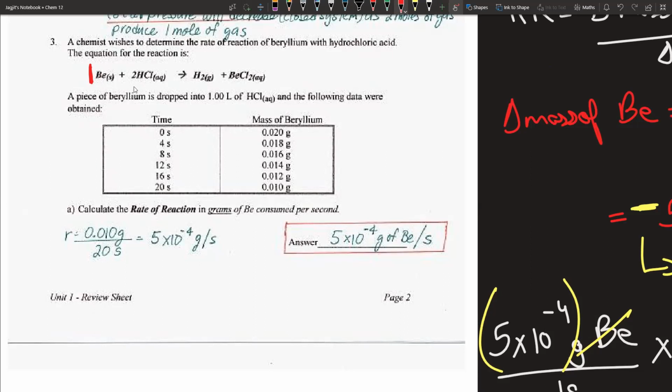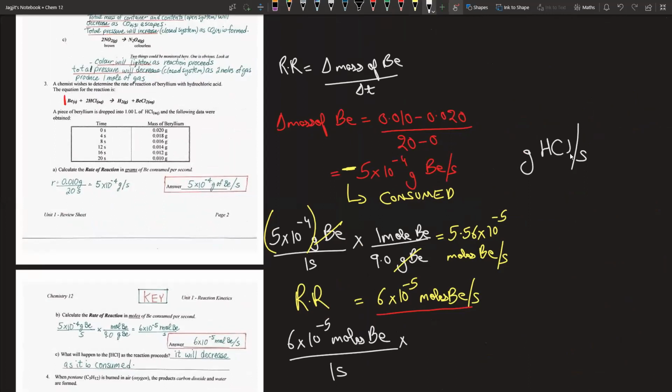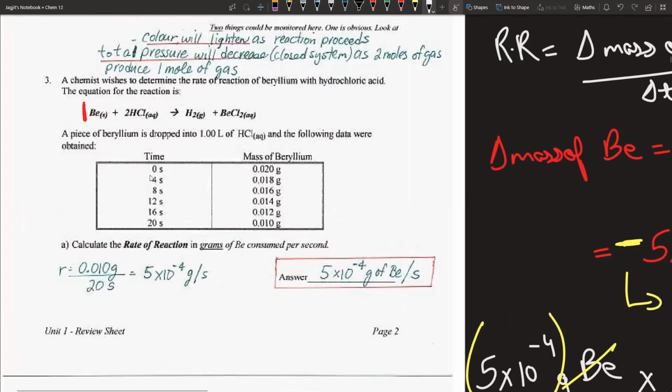And, let me change it up. Actually, instead of H2, I'm going to say HCl, and you'll see why. Okay, express it in terms of grams of HCl per second. So what's the number in front of BE? 1, right? And what's the number in front of HCl? You see 2. Agreed?